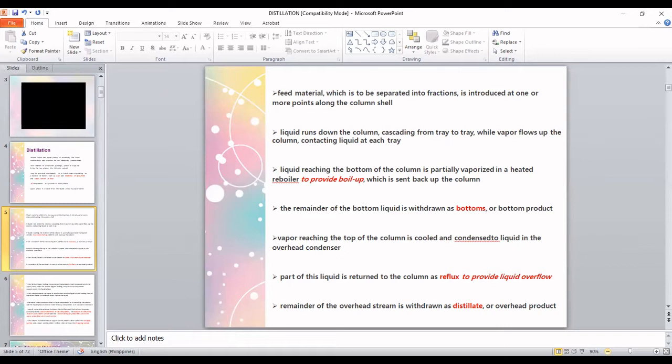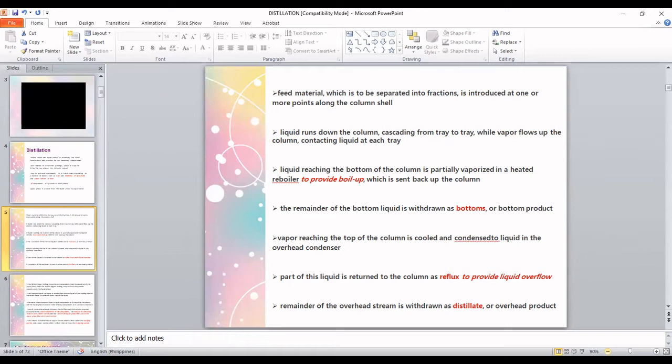Now, part of the liquid, as mentioned, is the reflux to provide the liquid overflow. The remainder of the overhead stream, which is withdrawn as distillate, is the overhead product. So if in the bottoms we have the bottom liquid, in the condenser we have the distillate. It's the final product that is being withdrawn.